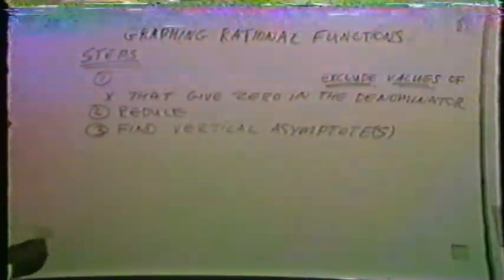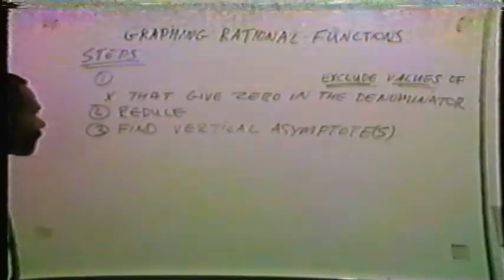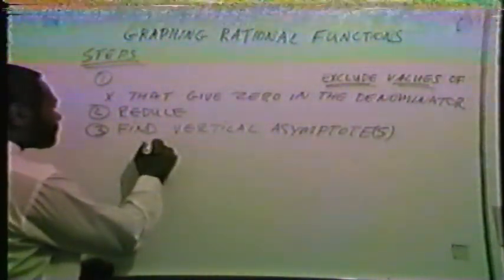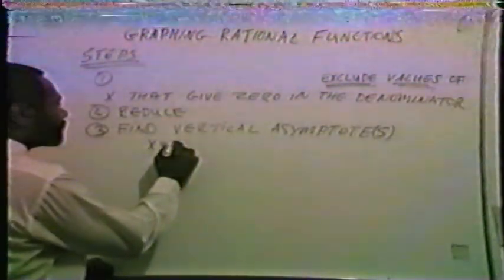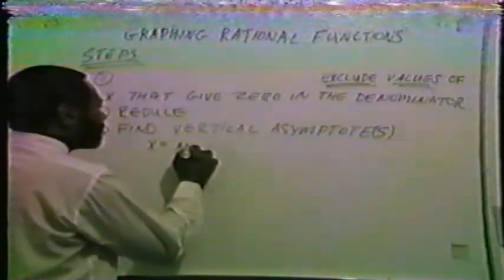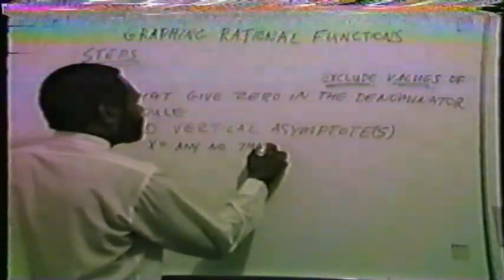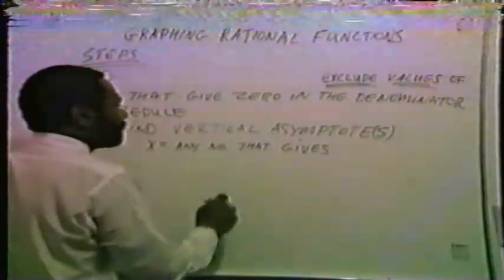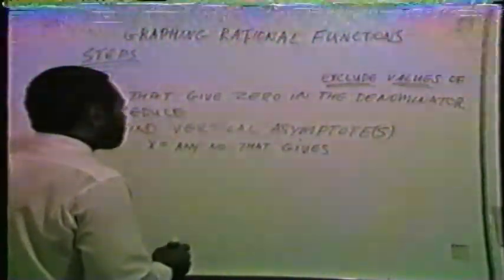You might have one vertical asymptote or you might have several. So once again, x equals any number that will give you 0 in your denominator. Any number that gives 0 in the denominator, DEN for short, of the result of step 2.